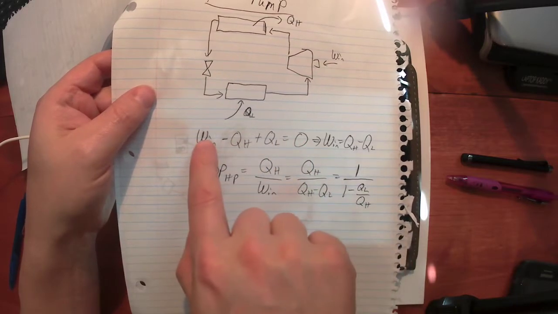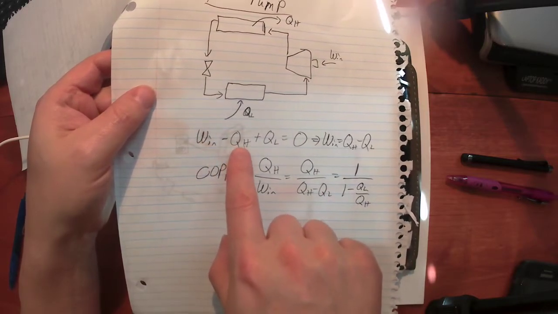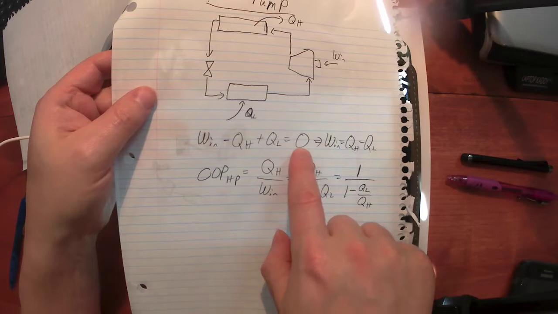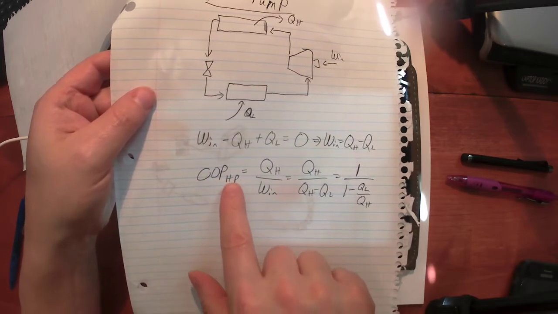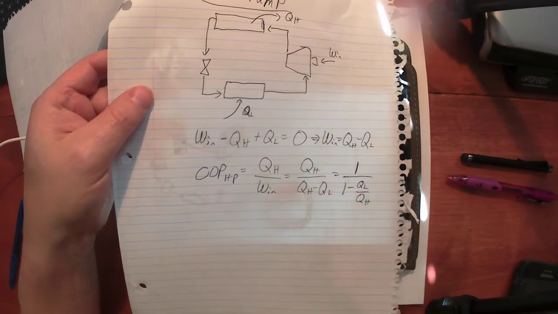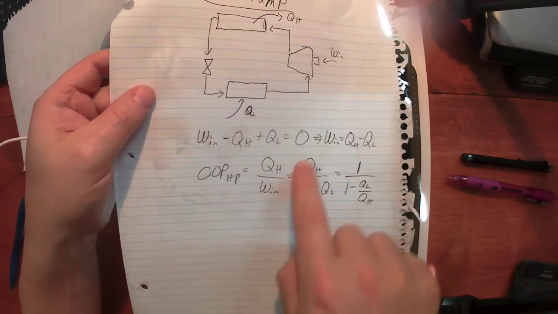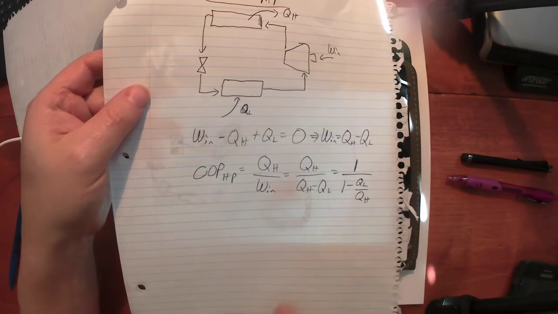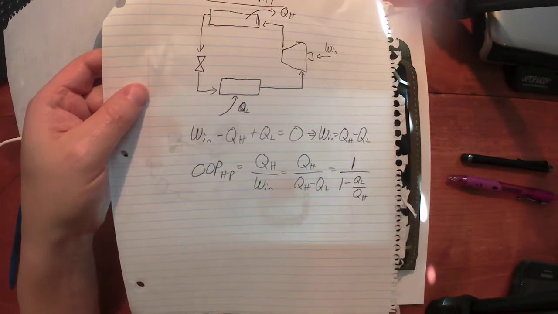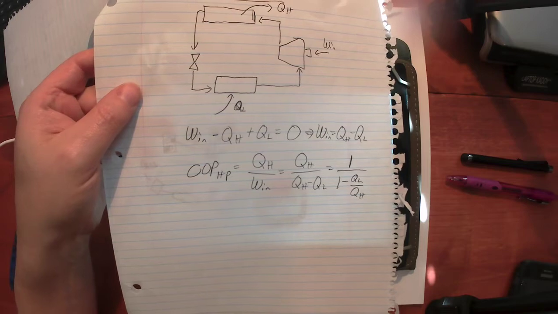Same first law diagram: the work in, minus the heat out, plus the heat in, equals 0 for a cyclic system. The coefficient of performance for this heat pump is going to be QH, what we want, divided by what we have to do to get it, the work in. And we can massage that again down to this function of the ratio of heat transfers.